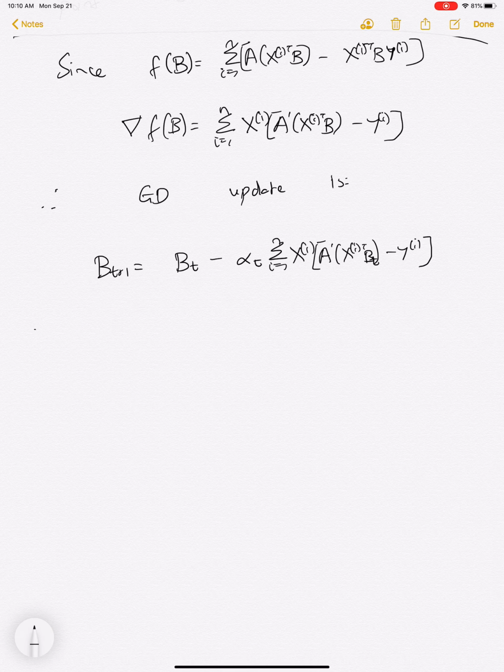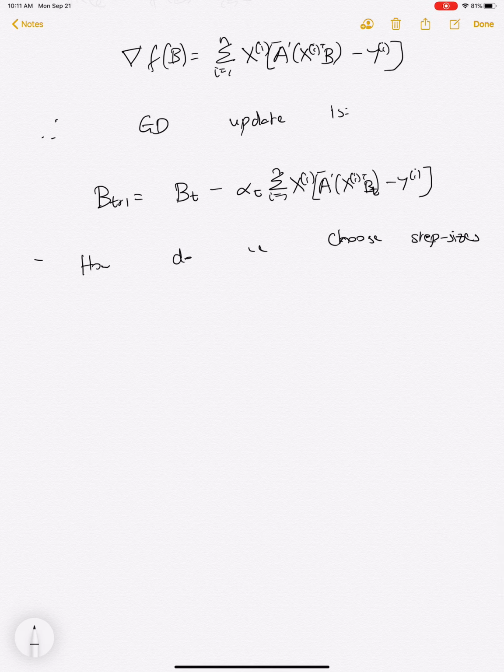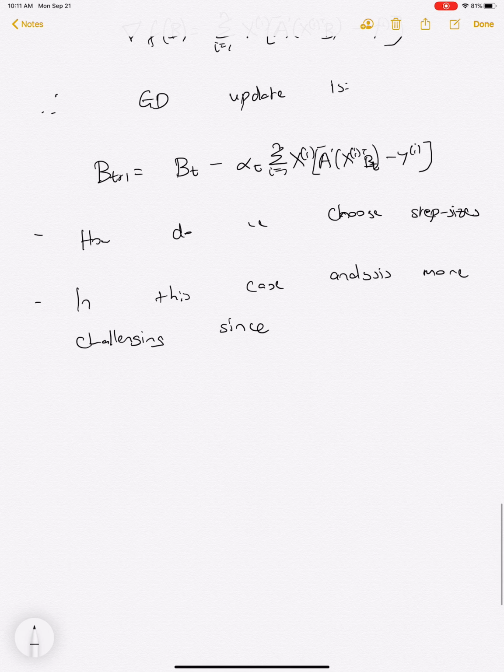And so then the question is, how do we choose step sizes? In this case, our analysis is more challenging since A prime is in general non-linear.